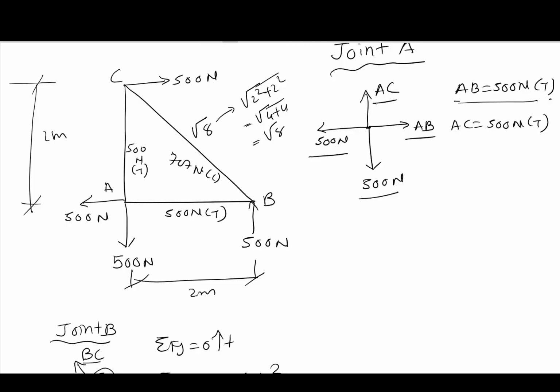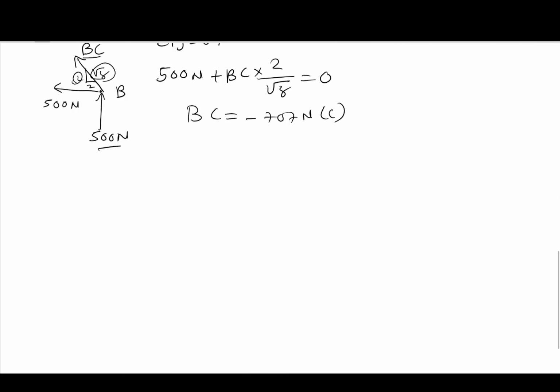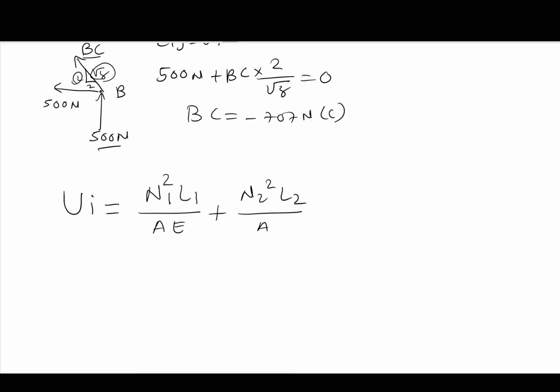Now we use the equation of the strain energy. Strain energy equals, since there are three members, N1 squared L1 over AE, where AE is a constant, so I'm not putting a subscript for that, plus N2 squared L2 over AE plus N3 squared L3 over AE.